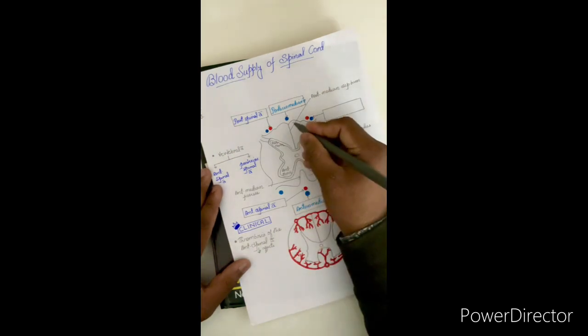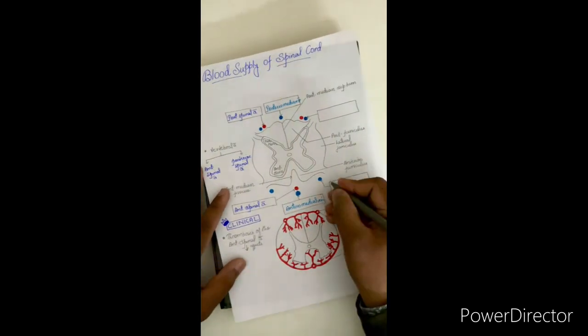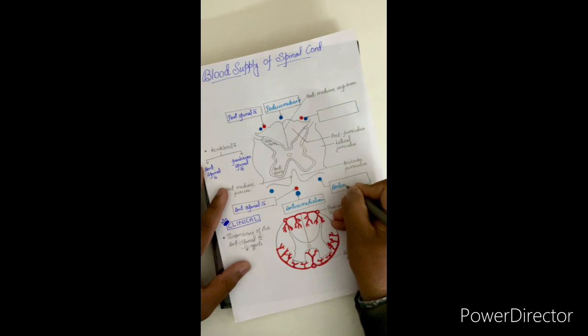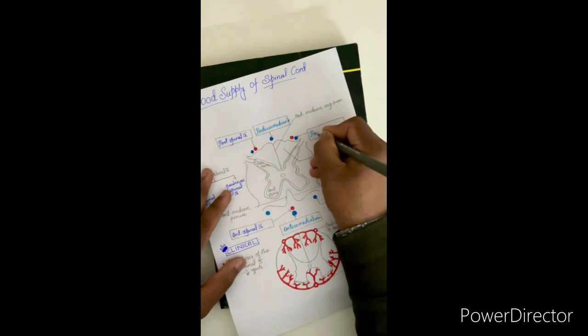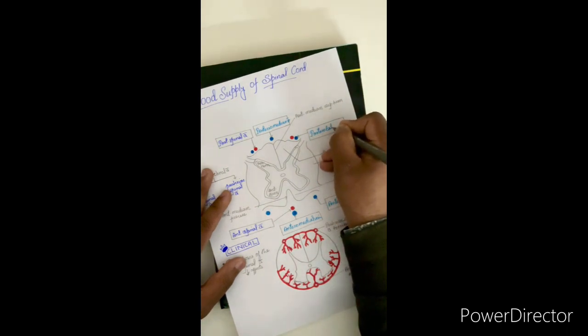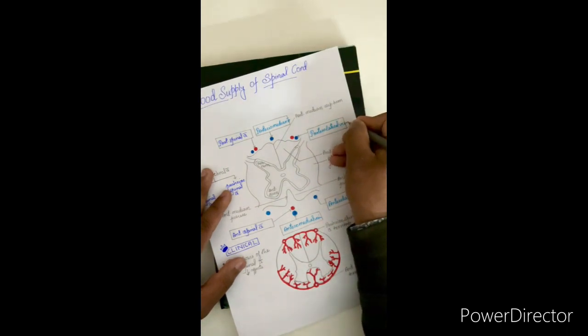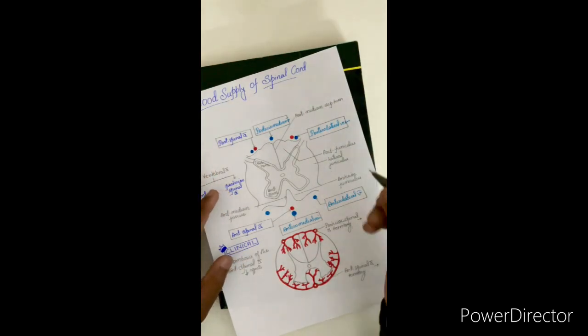The anteromedian vein and posterior median vein are unpaired. The anterolateral vein is paired and the posterolateral vein is paired.